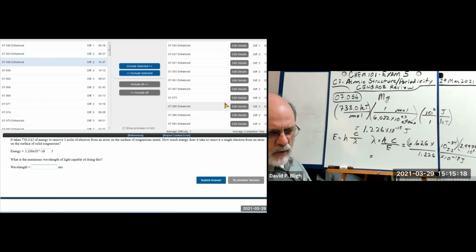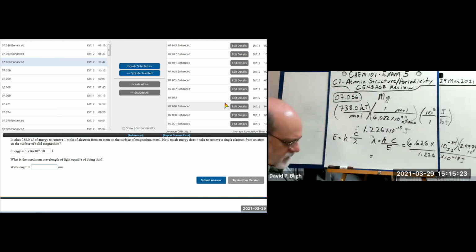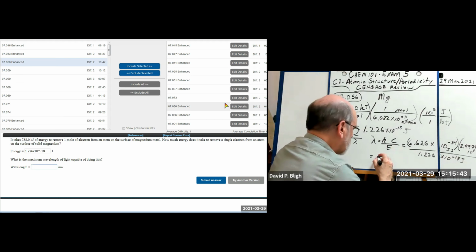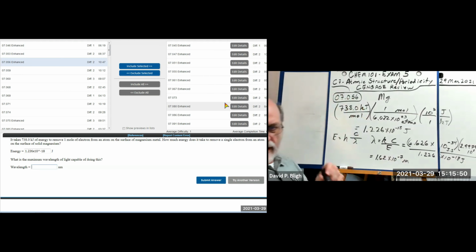6.626. I hope that's right. Yep. Exponent 34, change sign. And then speed of light. And divide by 1.226. Exponent 18, change sign. See, 1.62 times 10 to the minus 7. 1.62 times 10 to the minus 7th meters. Okay, what's a nanometer? Nanometer is 10 to the minus 9th.